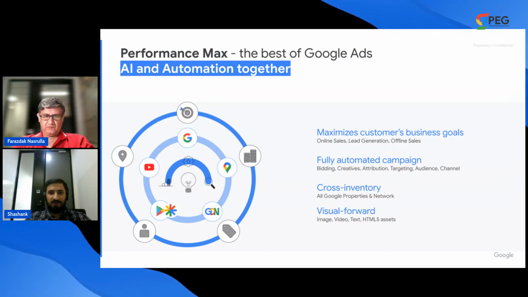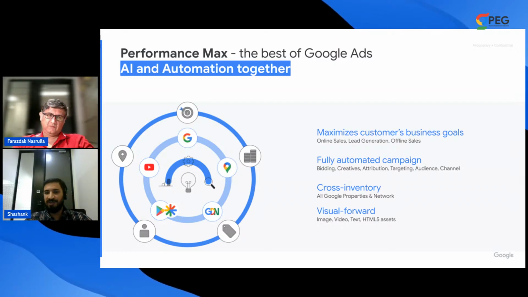Performance Max is one of the best Google campaign types, which uses AI and automation together, so it maximizes the consumer's business goals. It's a fully automated campaign type. It's obviously cross inventory and it's visual forward.